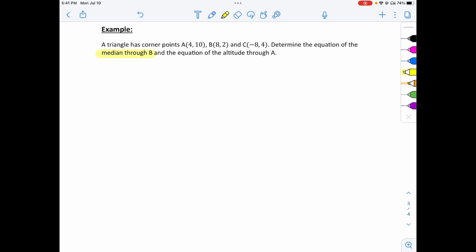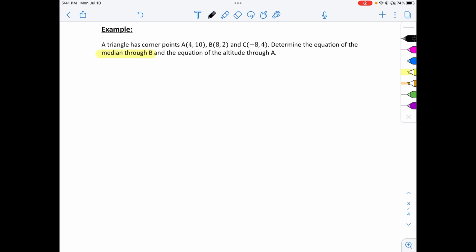If you were having trouble visualizing this, you can plot this on a Cartesian plane just to see what the triangle looks like. I might do that after just to show you what everything looks like when you plot it out. But if the median is through B, that means that I am first going to find the midpoint of the opposite line.